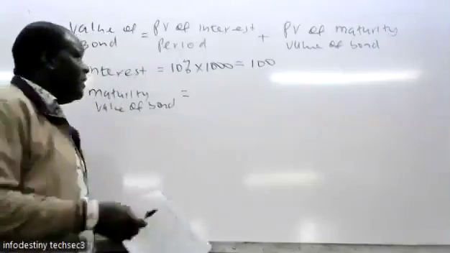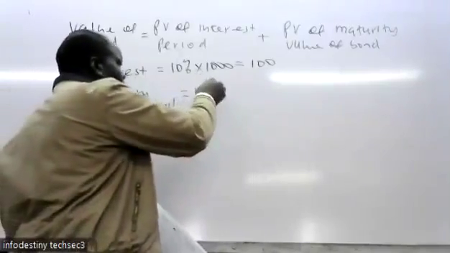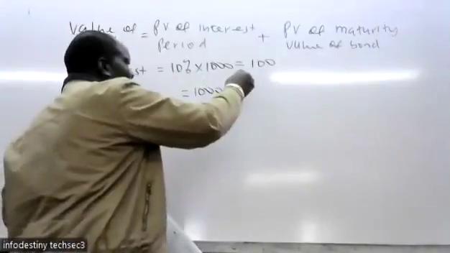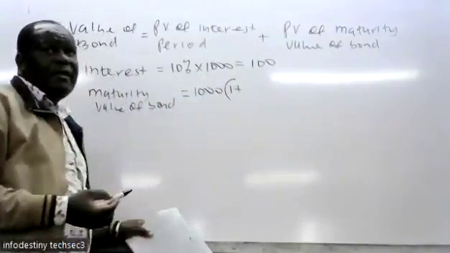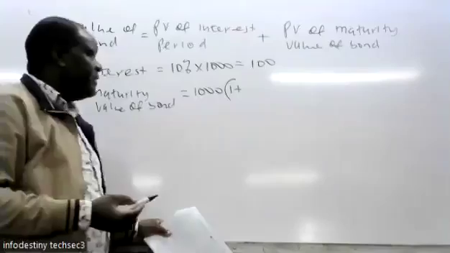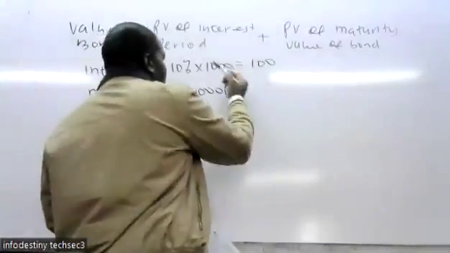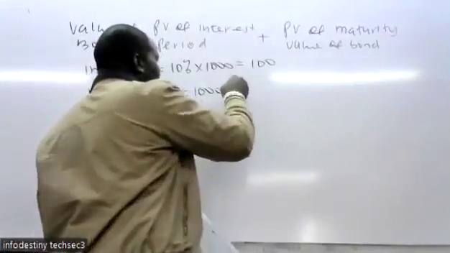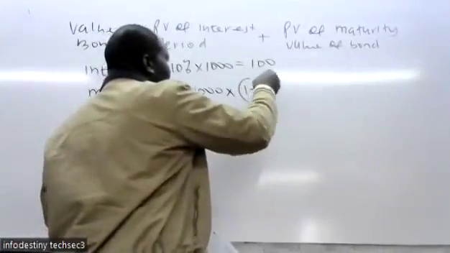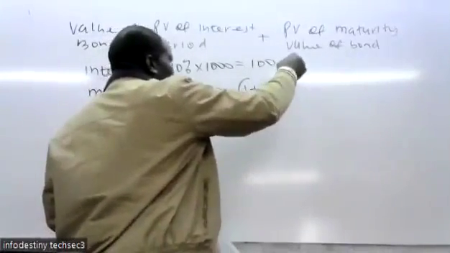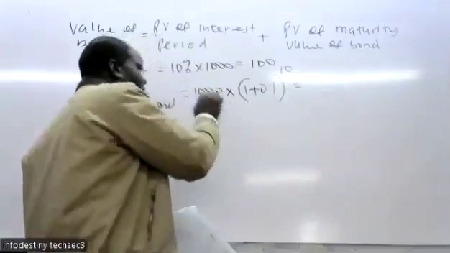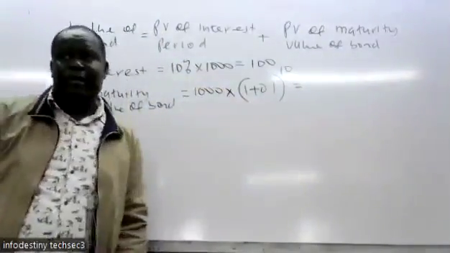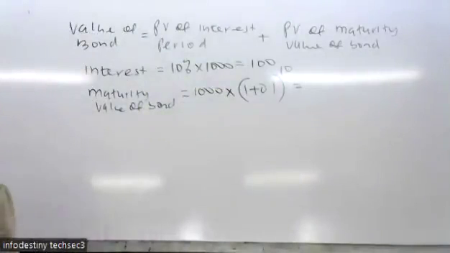So you take the 1,000 today, times 1 plus the interest of 10%, so 1 plus 0.1 raised to the power of 10. That now will give you the maturity value, because now we have factored in the interest for each year.